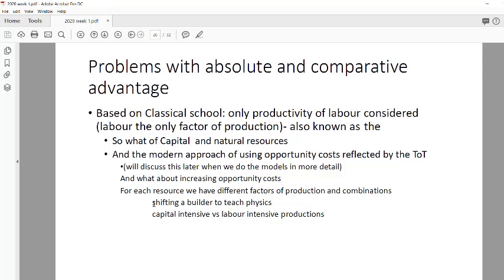The second idea is, if you want to produce more in that industry, even if the labor was exactly the same, the amount of other resources you might need to produce one extra unit might be affected by how capital intensive this industry is, or how labor intensive this industry is.